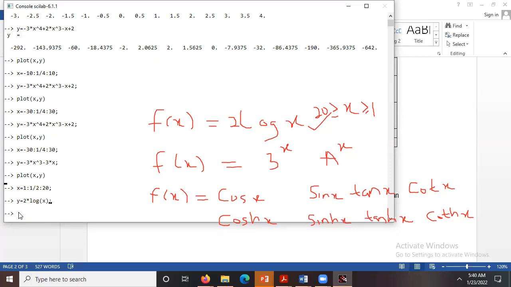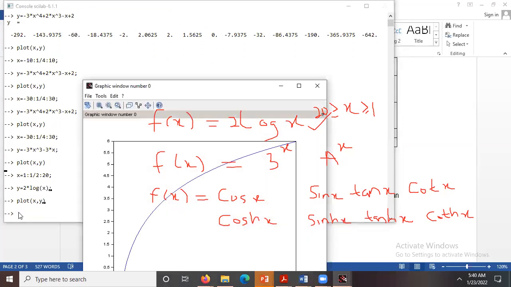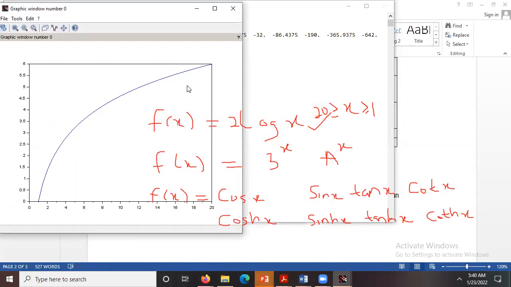I'll suppress the output too, and then plot. We're going to plot x and y. So clearly we are seeing the graph of this function here, which we just created. That's the function we just graphed, f of x is equal to that. So that gives us the nature of this graph here.